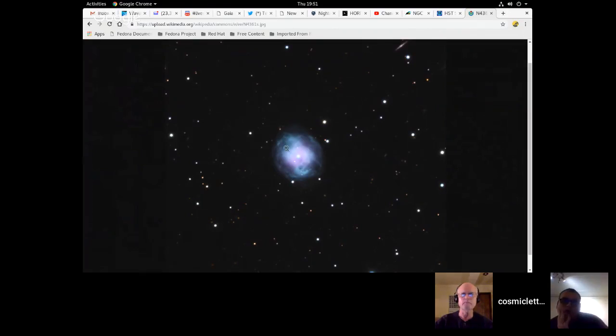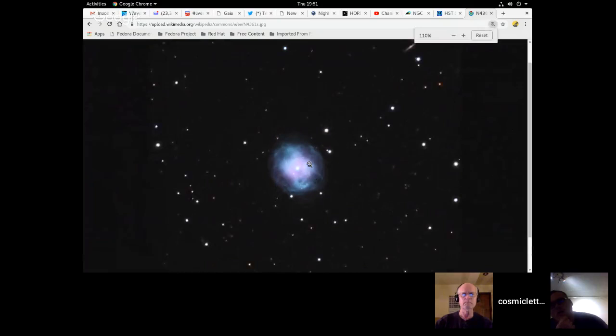Kind of nice, though. Obviously, either taken with a color camera, or taken with a bunch of filters and colored later. But that's a pretty bright central star, and I don't know if you can see it here.